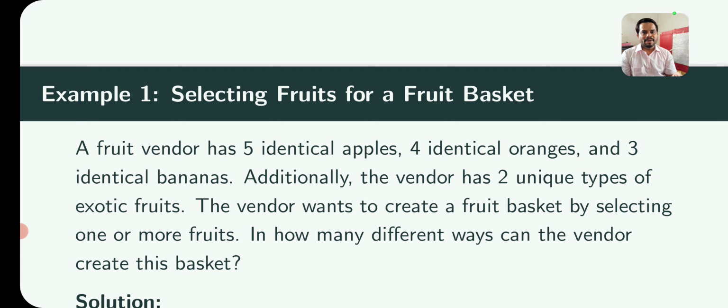So for the apples, there are 5 identical apples, so there are 5 plus 1 choices. For the oranges, there are 4 identical oranges, that's why it is 4 plus 1, which means 5 choices. For bananas, there are 3 plus 1, which means 4 choices. And for exotic fruits, there are 2 unique types, so there are 2 squared, that is 4 choices for this one.